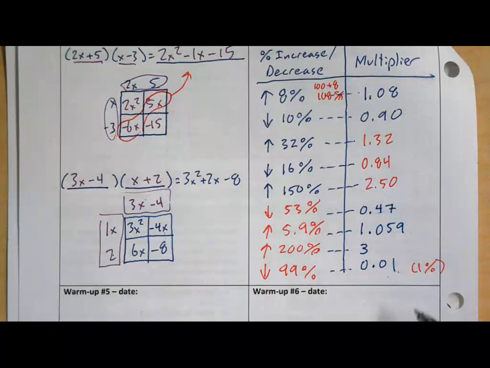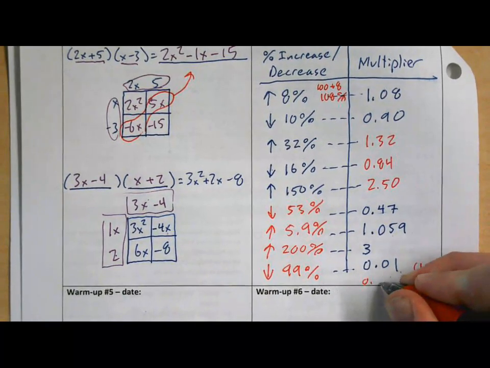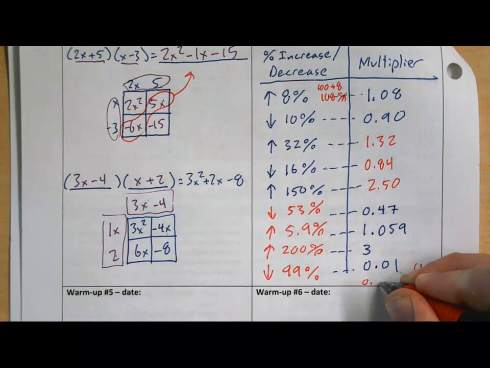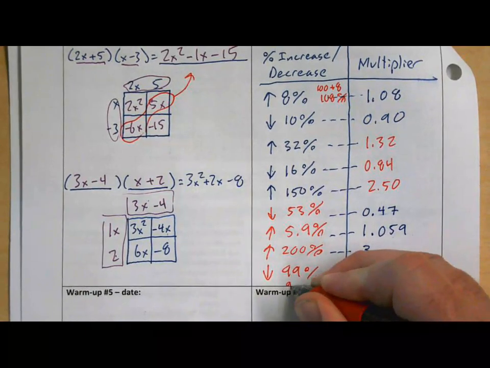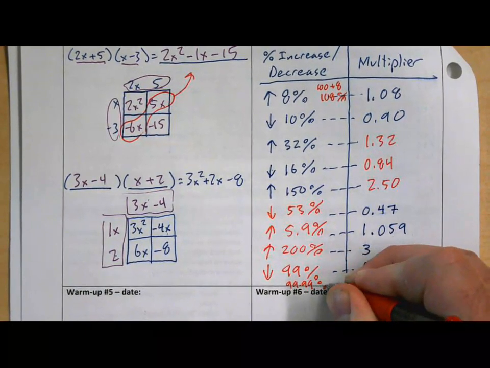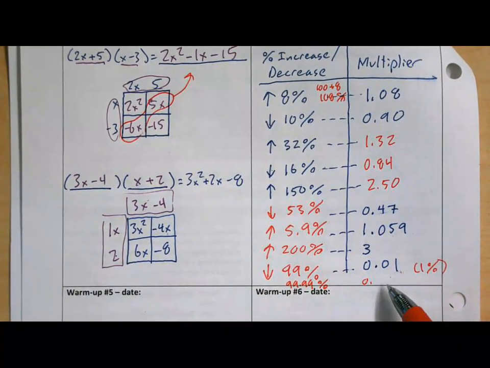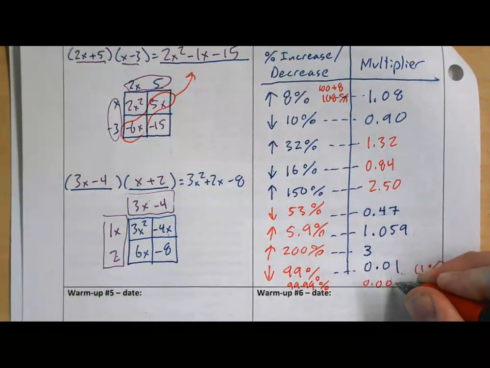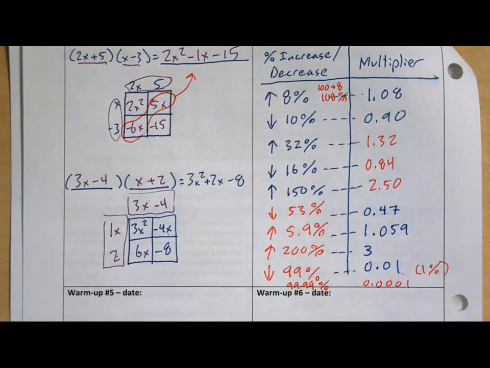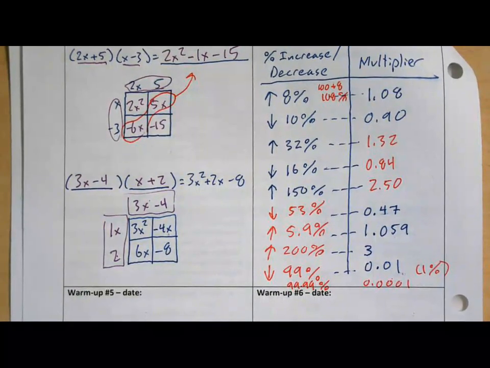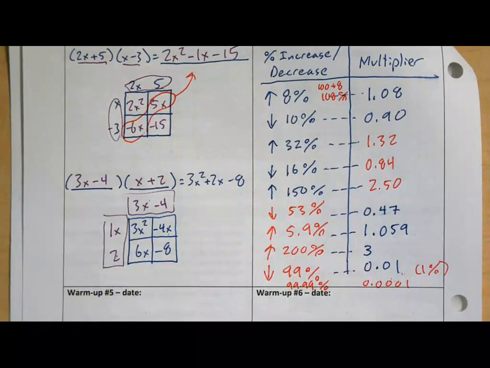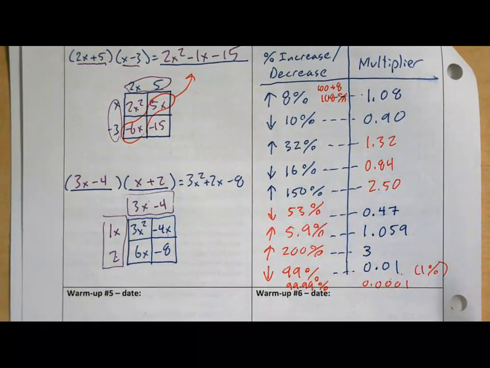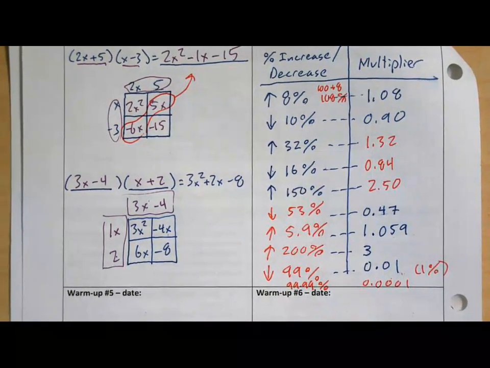We could do that. If I wanted this to be 99.99, what would I have to make my multiplier? 0.0001 will get us that. 0.0001. All right. Do we have any questions about this?